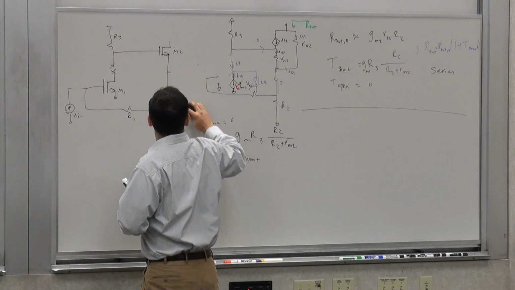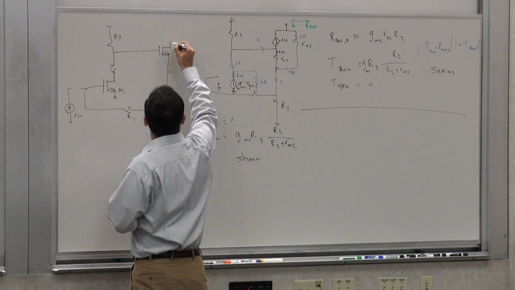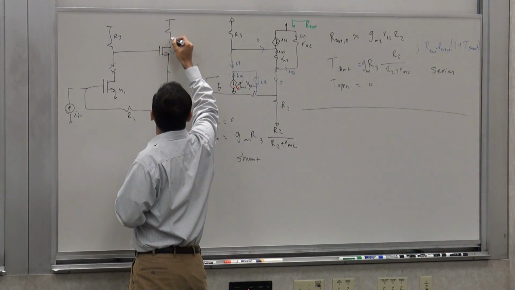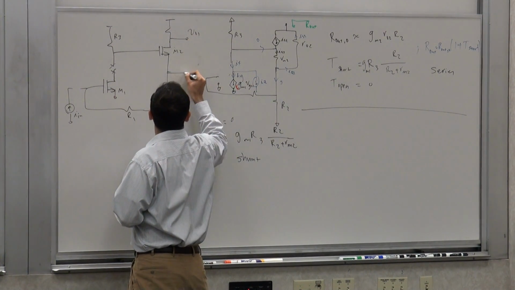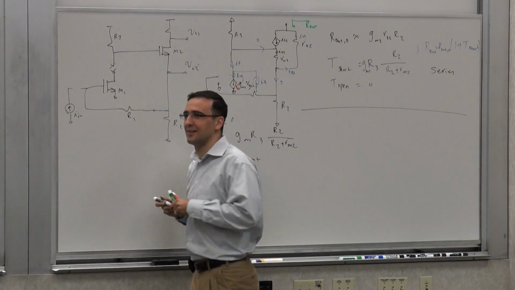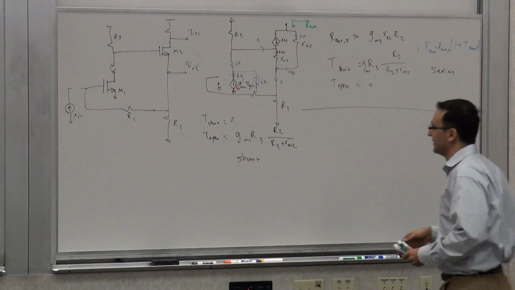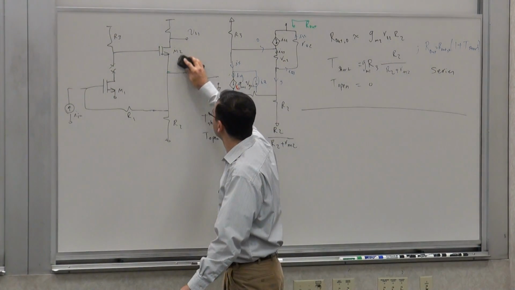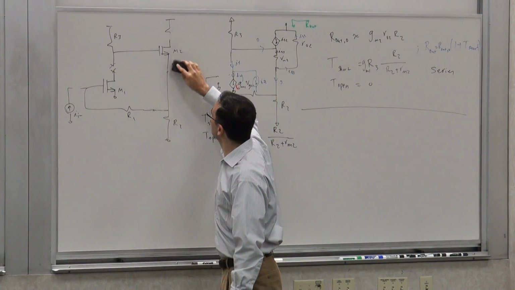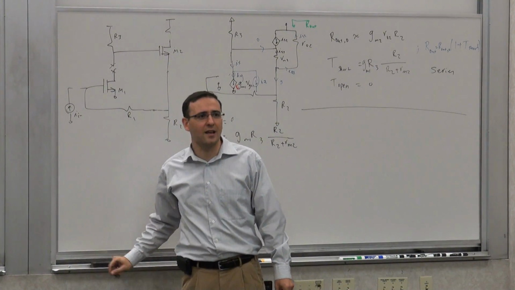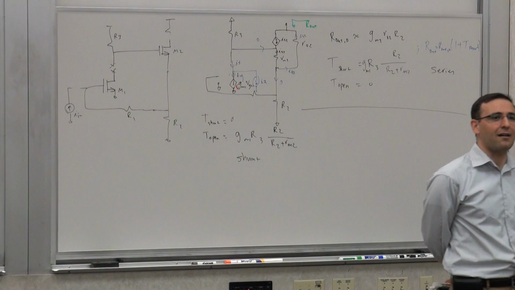So what if I show you a circuit like this and ask you, what is the circuit configuration? Or I could be even more tricky and just show you this and say, what kind of feedback do I have?